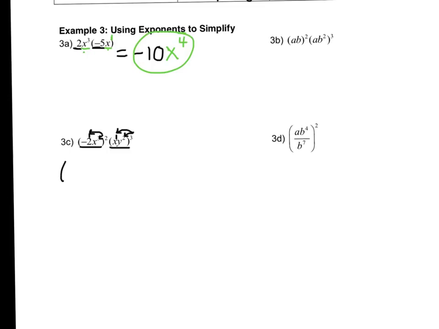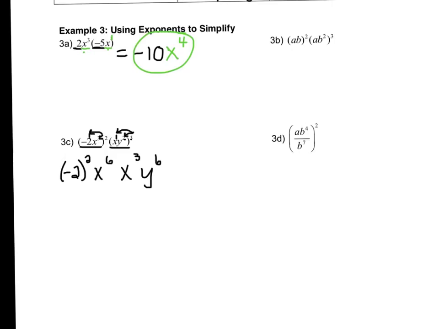So this will be -2 to the second. Notice how I keep that negative and the 2 inside parentheses. And then it will be x to the 3 times 2 is 6. For the next set of parentheses, it will be x to the 3 times 1, which is 3, and then y to the 2 times 3, which is 6.